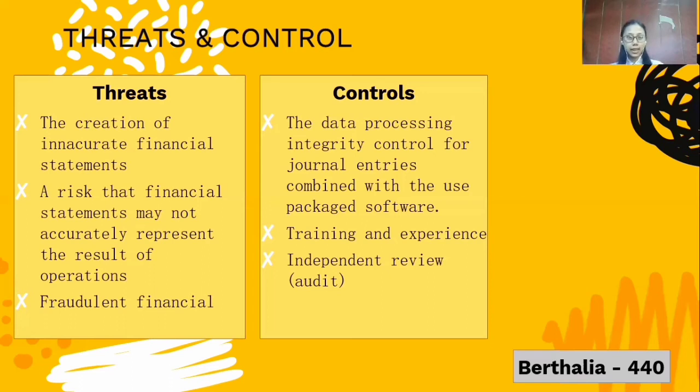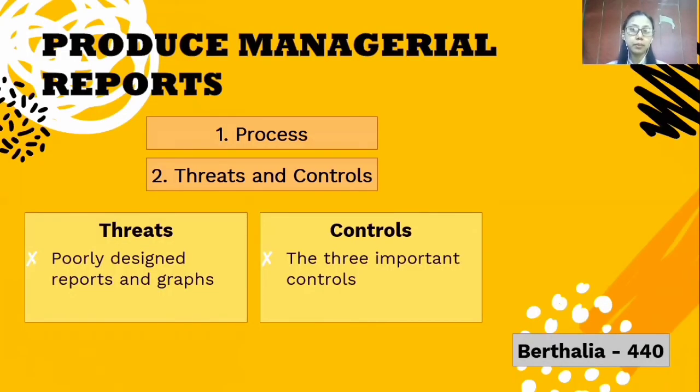And the next slide is about the managerial report. There are two sections here. The first is the process, and the second is the threat and the control. So the process of producing the managerial report itself is using the ERP system, where the ERP system can produce a number of structures that can help the manager to plan and to evaluate the performance.